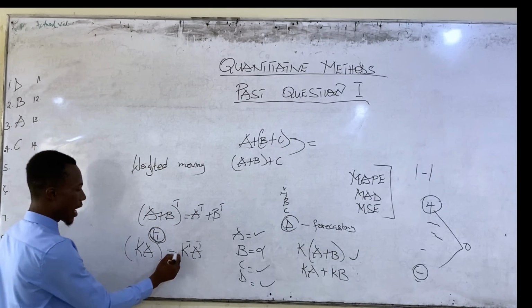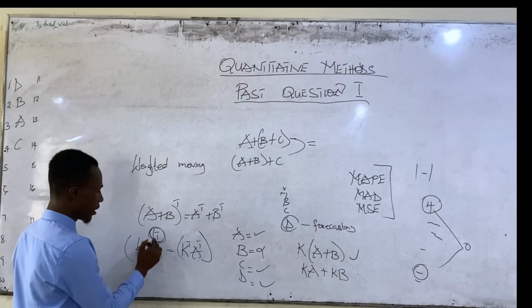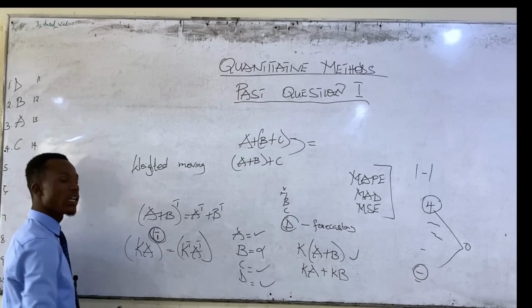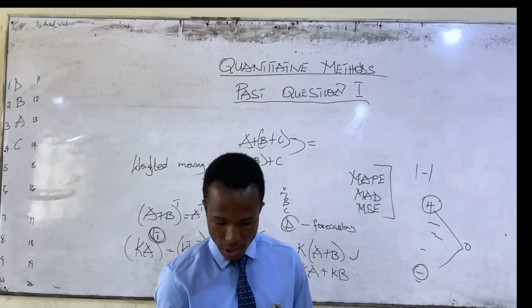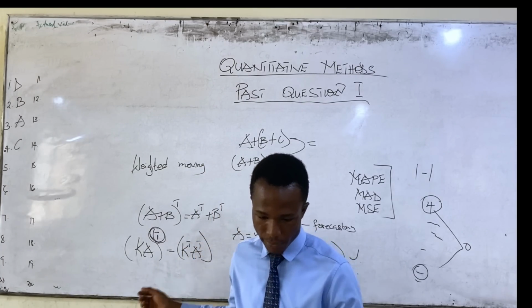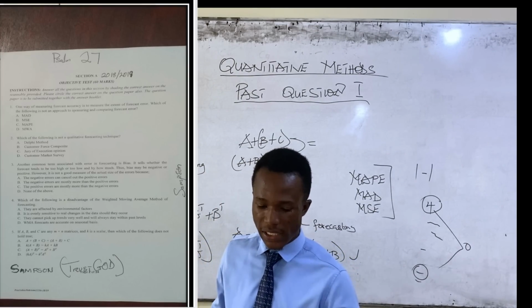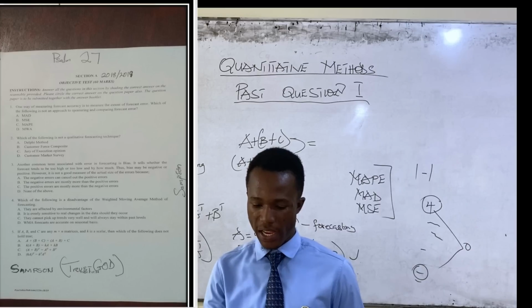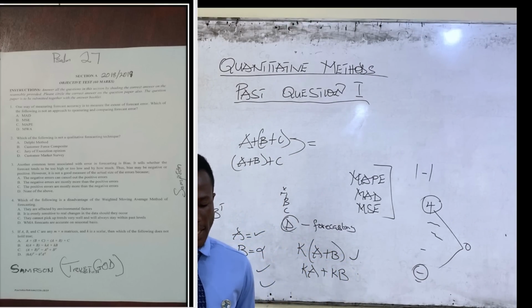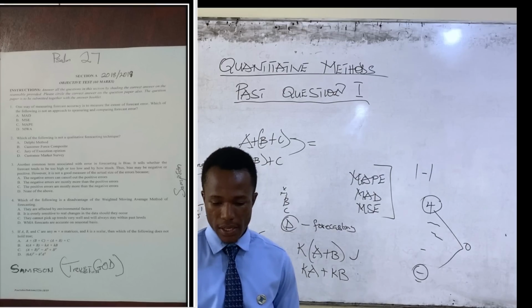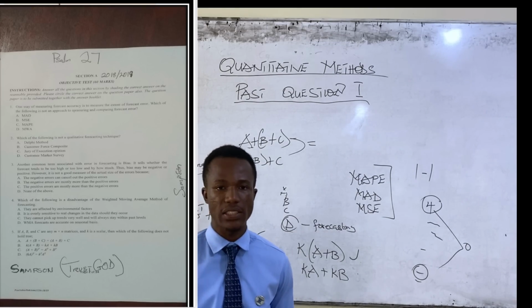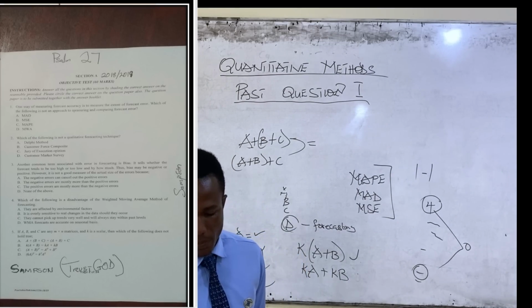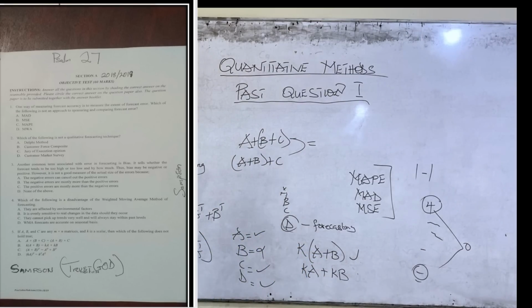Other than that, you will get this, but this alone is making it incorrect. That is what we mean here. So when you read the first question, question 5, it says A, B, and C are any m by n matrices, and K is a scalar. Then which of the following does not hold true? And that is D. So question 5, we have D.